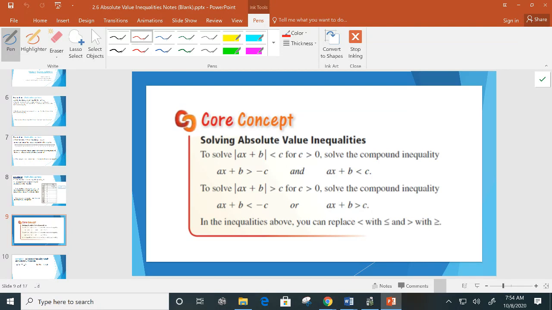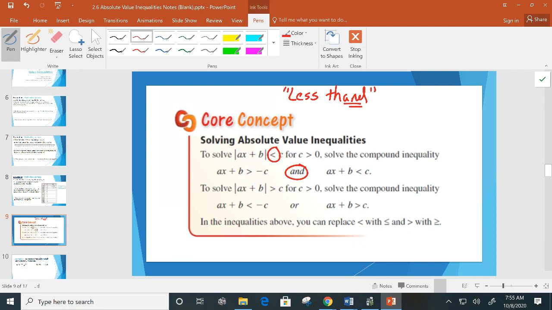So when you have the absolute value is less than, we're going to create a compound inequality with the word and. So when we have a less than symbol as a part of our absolute value inequality, we're going to be dealing with an and compound inequality.